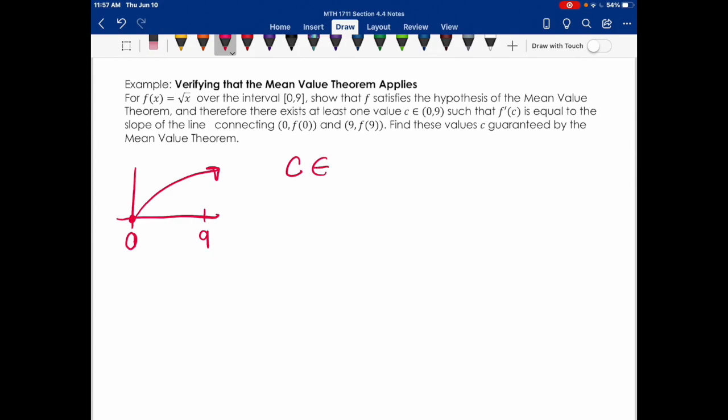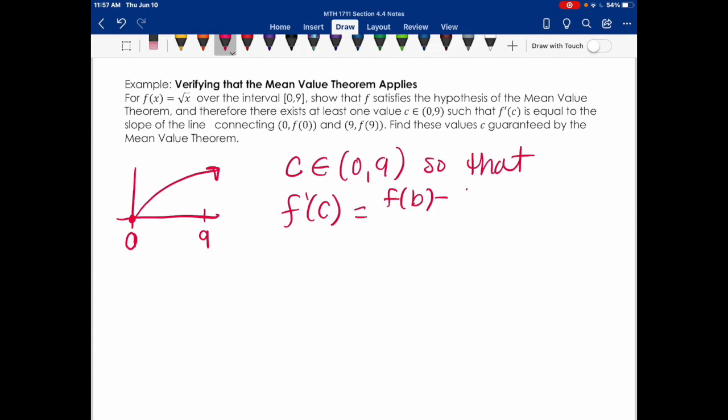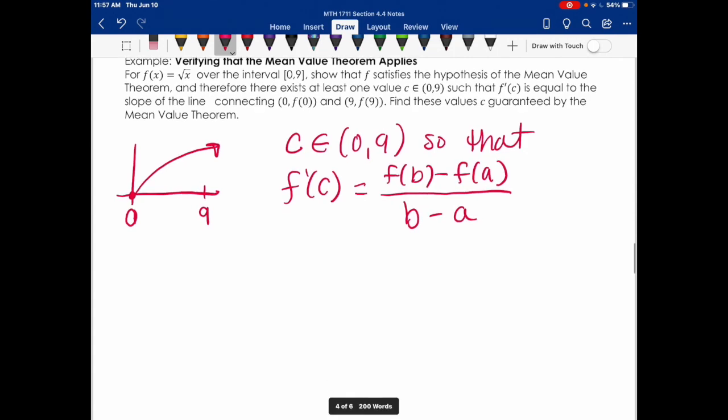So therefore, by the mean value theorem, there has to be at least one point C on that interval so that the tangent line at point C has the same slope as the secant line between those two endpoints. So let's first find the slope of the secant line that runs between the point 0 and 9.